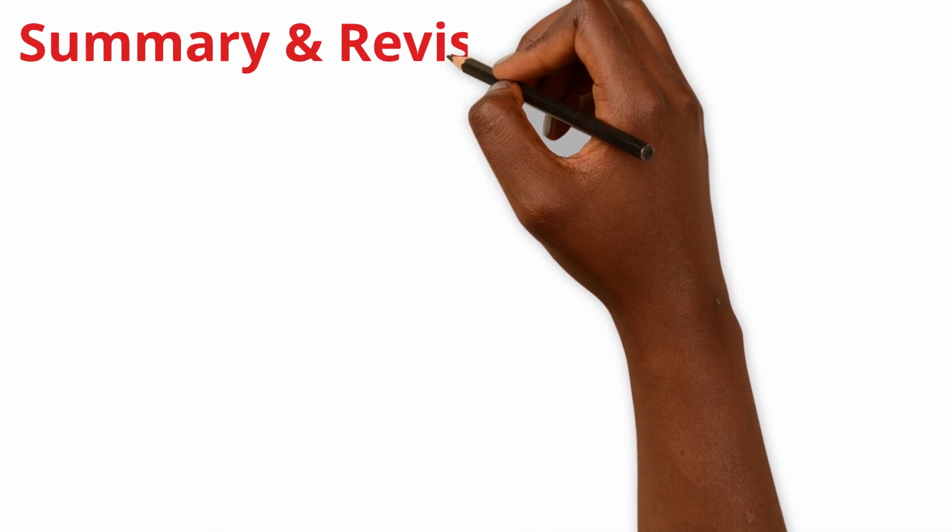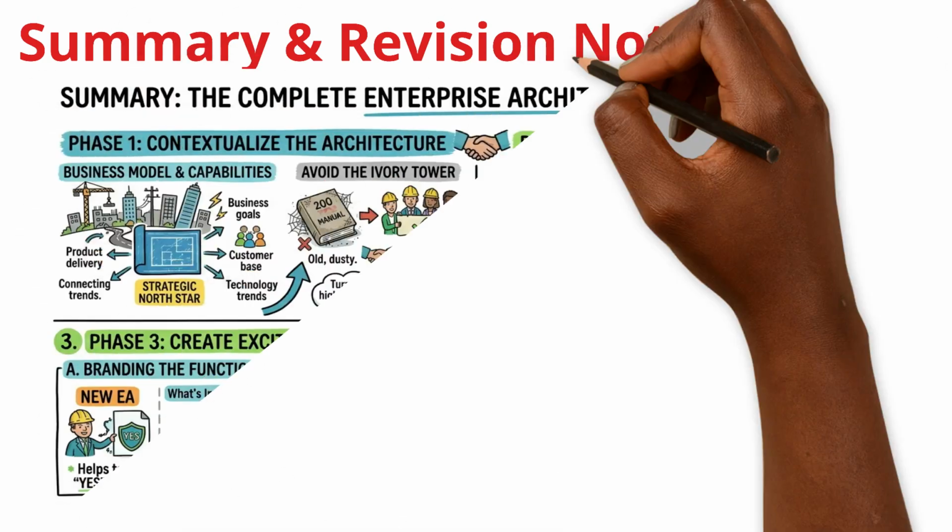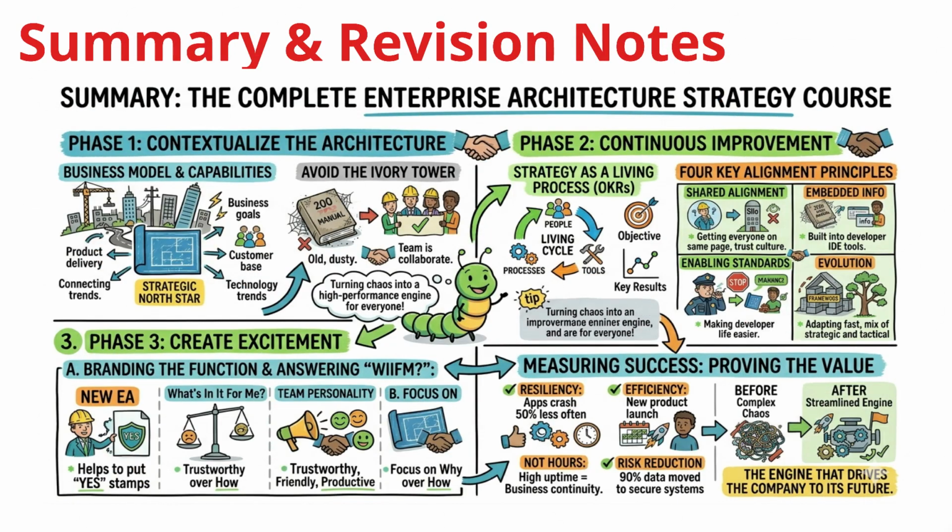To build a modern enterprise architecture strategy, we must follow 3 phases. First, contextualize. Stop being the department of no and align your technology with the business model to create a clear strategic roadmap. Second, embrace continuous improvement.